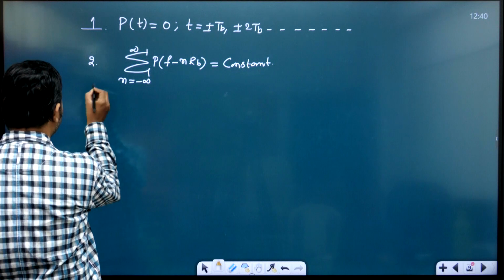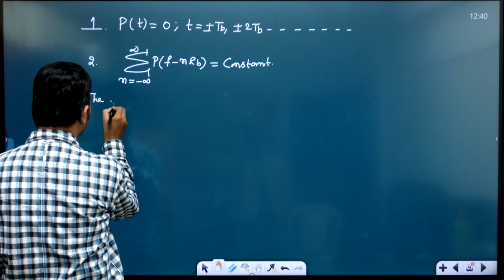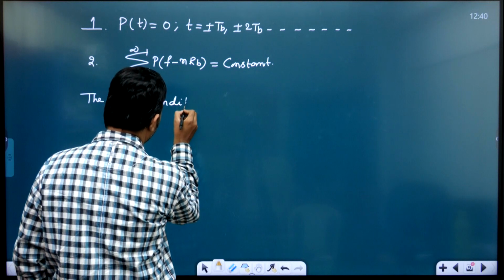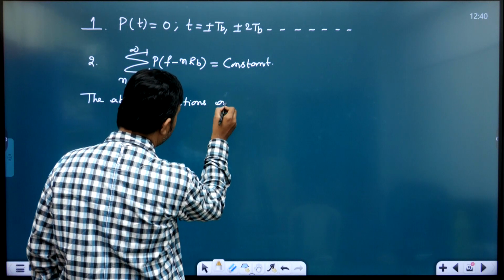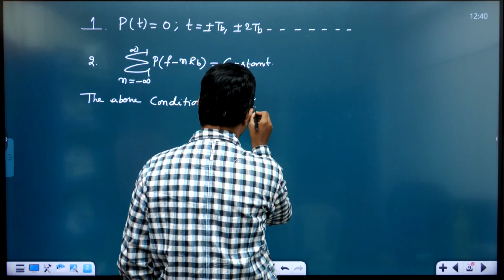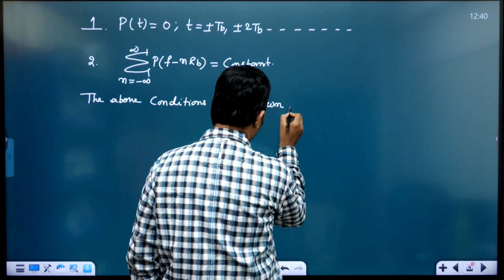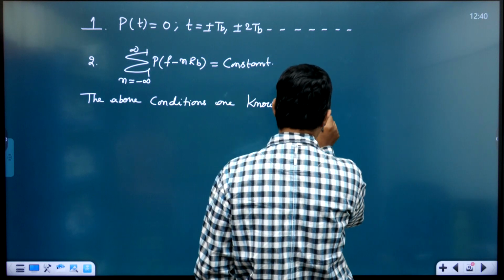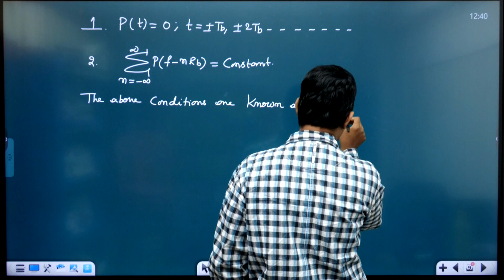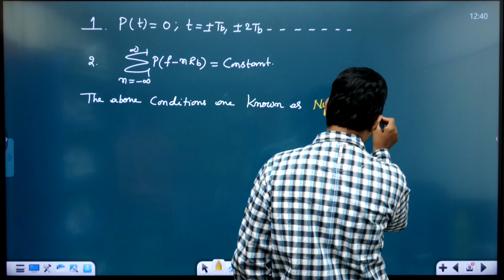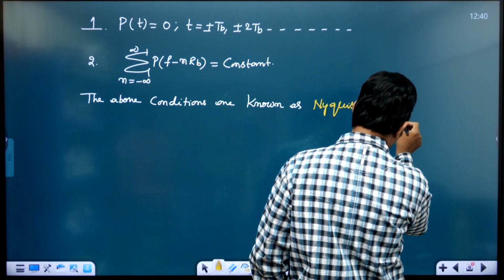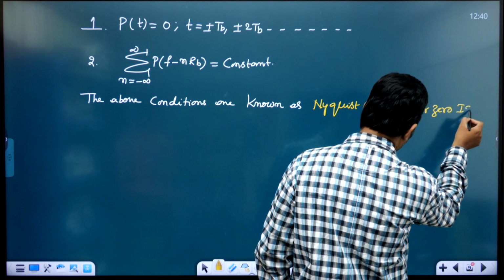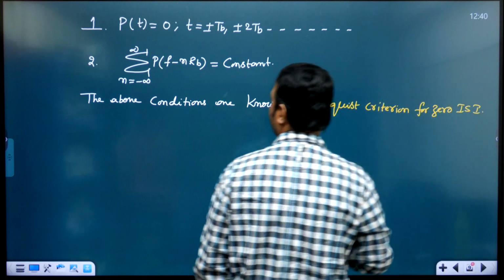The above conditions are known as the Nyquist criterion for 0 ISI.